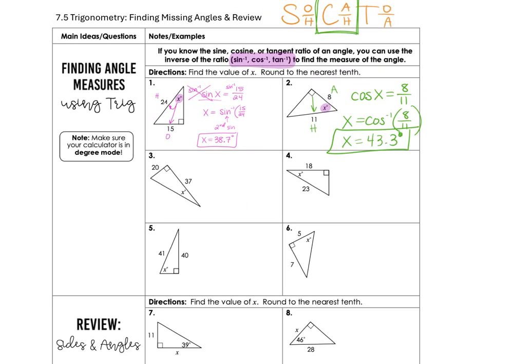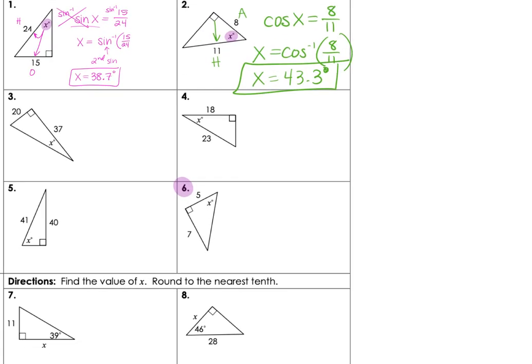Okay, you do number 6. Solve for X. So this is opposite and adjacent. That didn't work out very well without a pen. So opposite and adjacent means you're using which trig function? Tangent.